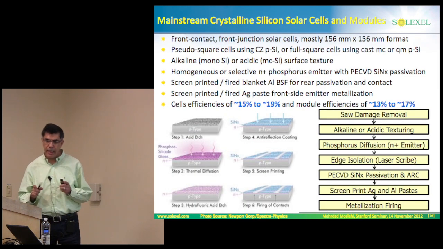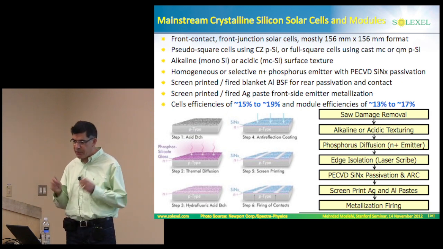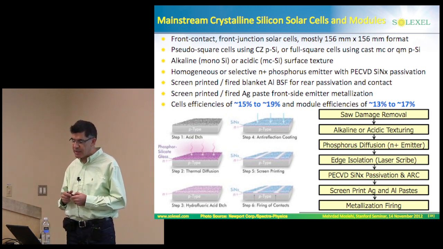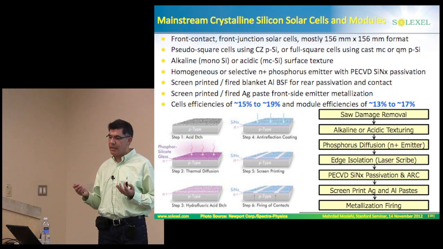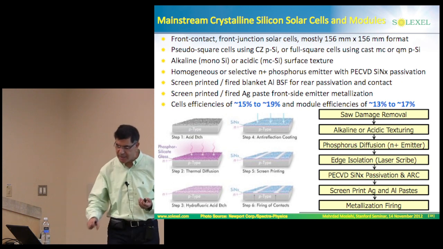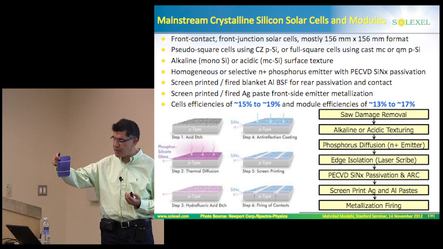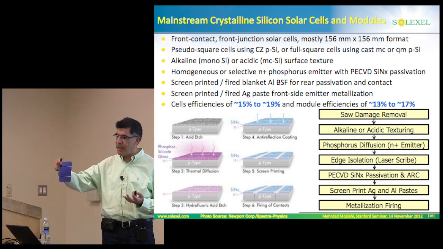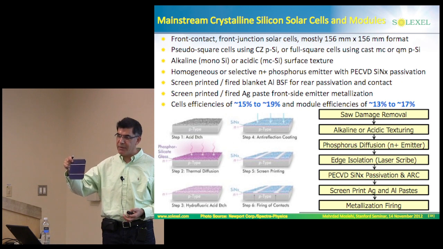So let me give you a brief overview of the mainstream crystalline silicon solar cells and modules. If you look at most of the cells and modules in the industry that are made today, they are front contact, front junction, or front emitter junction cells. This is a typical front contact front junction cell, mostly made on 156 millimeter format wafers.